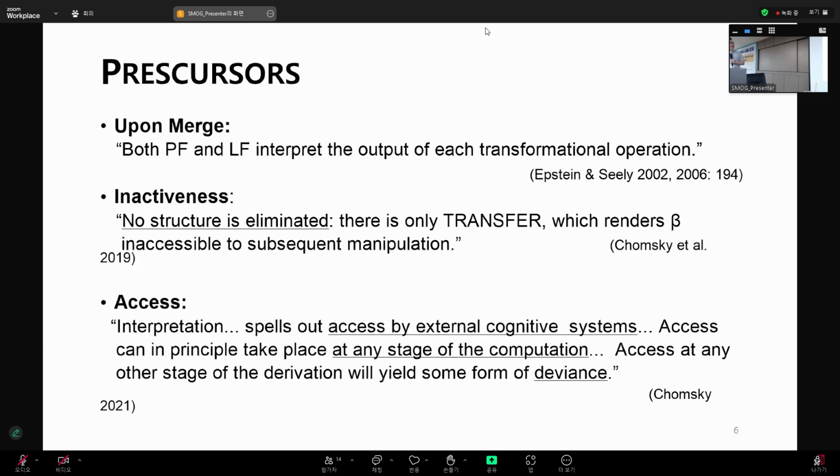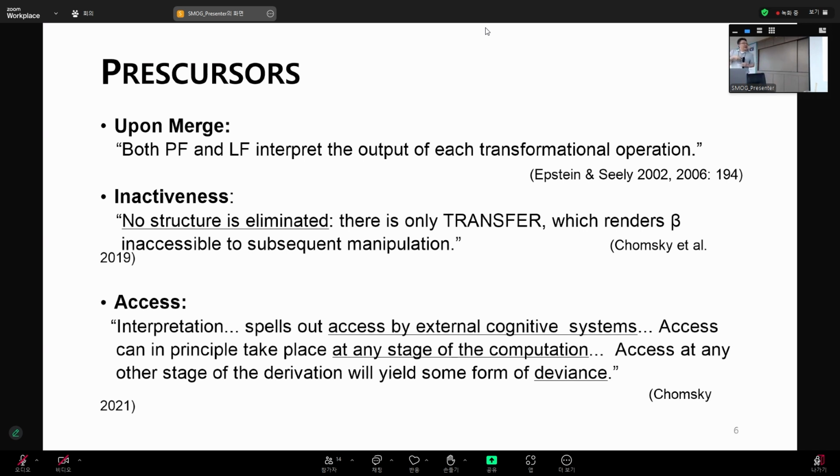As for access upon merge, it has been proposed by the late Epstein and Seely in 2002 and 2006, where they argue that both PF and LF interpret the output of each transformation operation, and merge is one of those transformation operations. So this basically says pretty much the same thing that I say here.